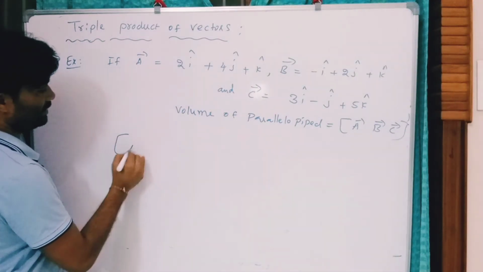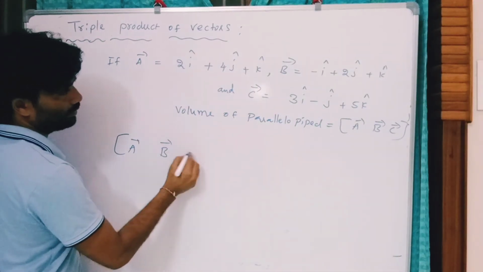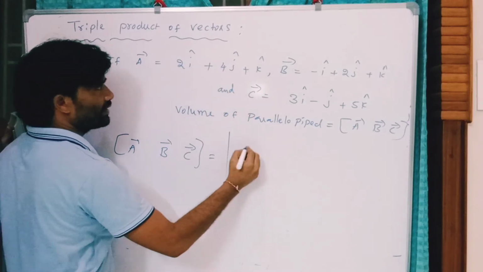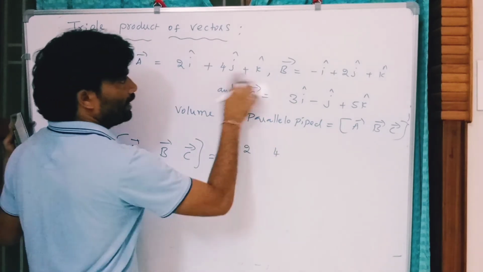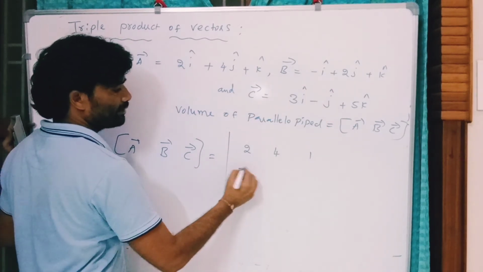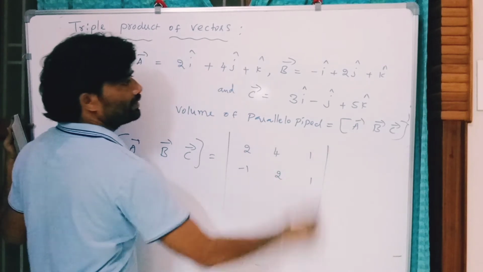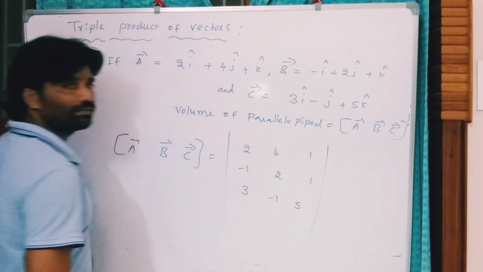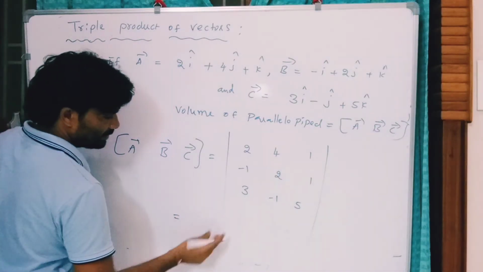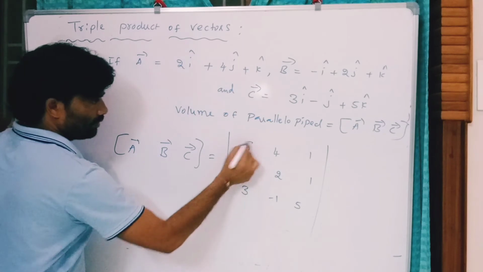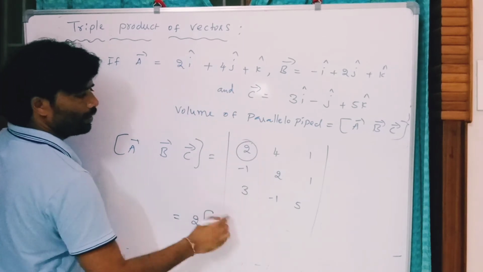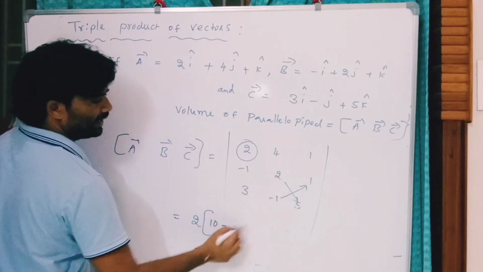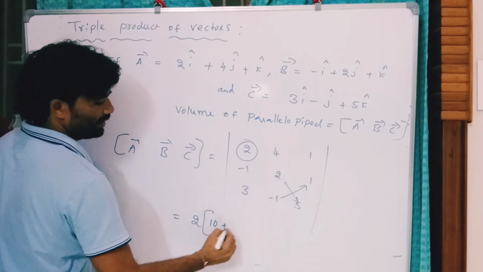You can find that scalar triple product by the same procedure. First write the components of A: 2, 4 and 1, and B components: minus 1, 2, 1. C components you can see here: 3, minus 1, 5. Very simple method, similar to cross product. Now take 2 first: 2 into 5 is 10, minus this into this, minus 1, it becomes plus 1.